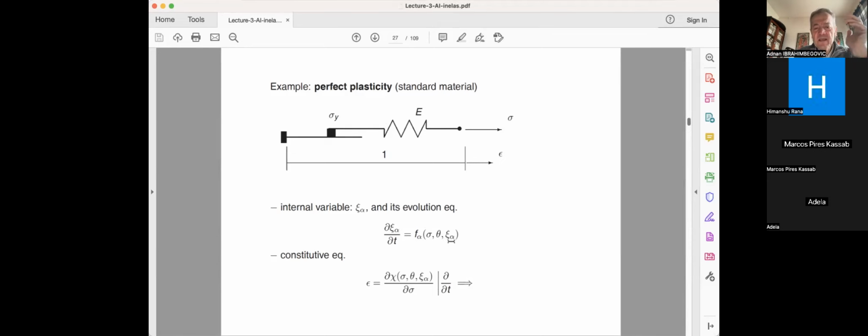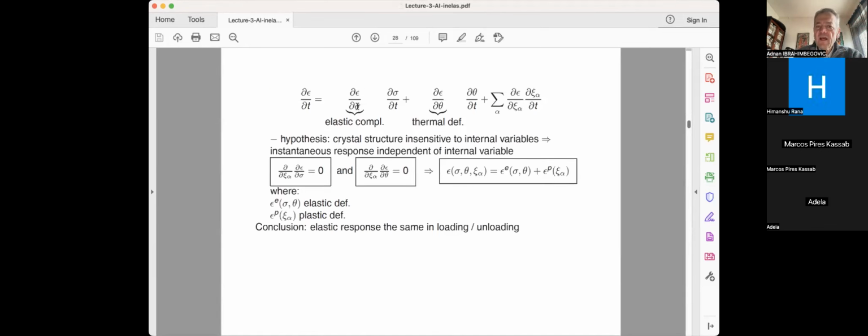So basically, from the Gibbs potential, I can obtain the state equation of the strain. And I can say the elastic response, that is elastic compliance d epsilon d sigma, and thermal deformation, d epsilon d theta, are independent of the internal variable, which happens to be the case for metal type materials.